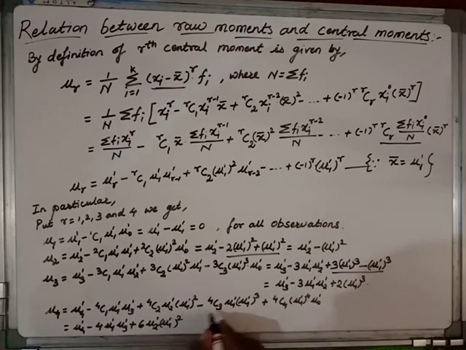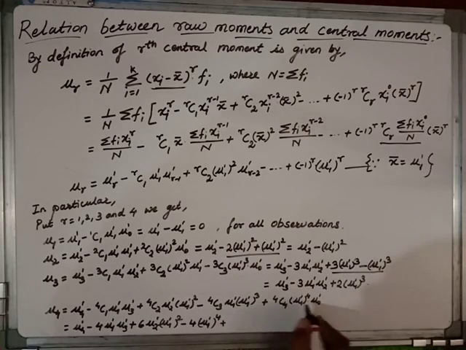This is 4 mu1 dash into mu1 dash raised to 3, which means mu1 dash raised to 4, plus this is 1 times mu1 dash raised to 4.